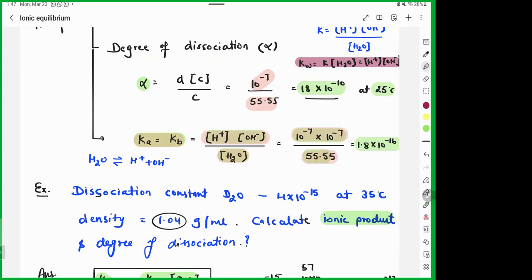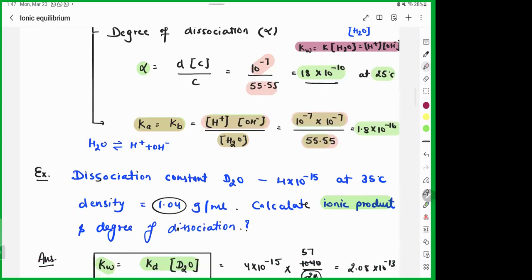This question can be asked in numerical form. What will be the Ka or Kb value in case of water? You know the formula. Put values. H positive concentration 10 raised to power minus 7 and H2O concentration 55.5. You will get the answer. Right?